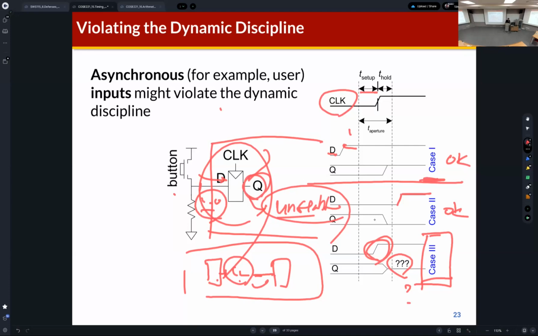Then how can we avoid it? Our smartphone or computer system interacts with the user interface, right? We can push the keyboard, move the mouse, or touch the touch screen. We cannot control the timing of the user interface, right? Then how can we avoid these metastable states?